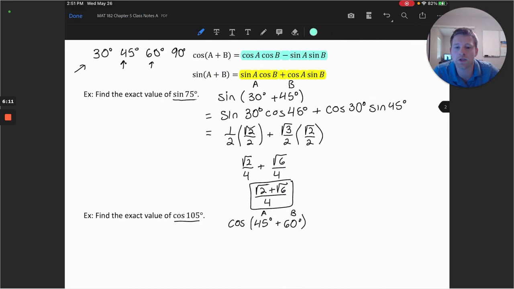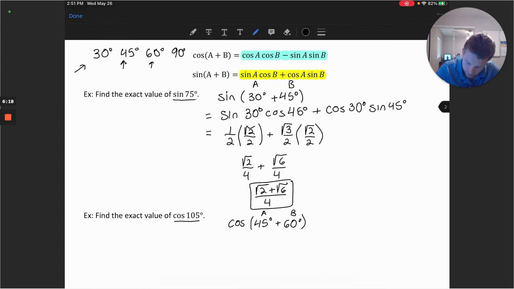So this says we're going to use cosine of A, cosine of B, so cosine of both angles first. So that would be cosine of 45, cosine of 60, and then we'll do subtract.